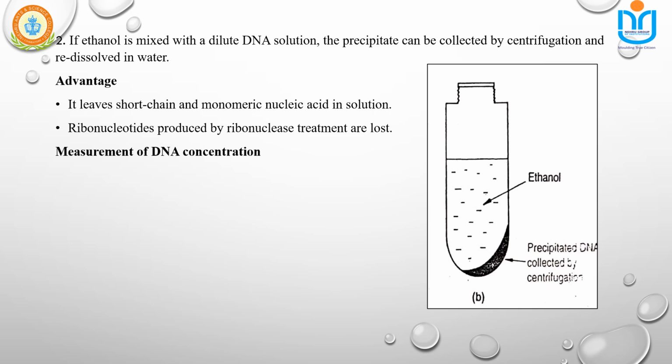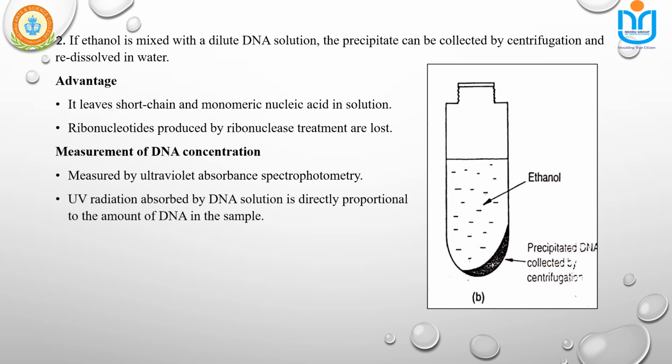Measurement of DNA concentration. It is measured by ultraviolet absorption spectrophotometry. UV radiation absorbed by DNA solution is directly proportional to the amount of DNA in the sample. Absorbance is measured at 260 nanometer.